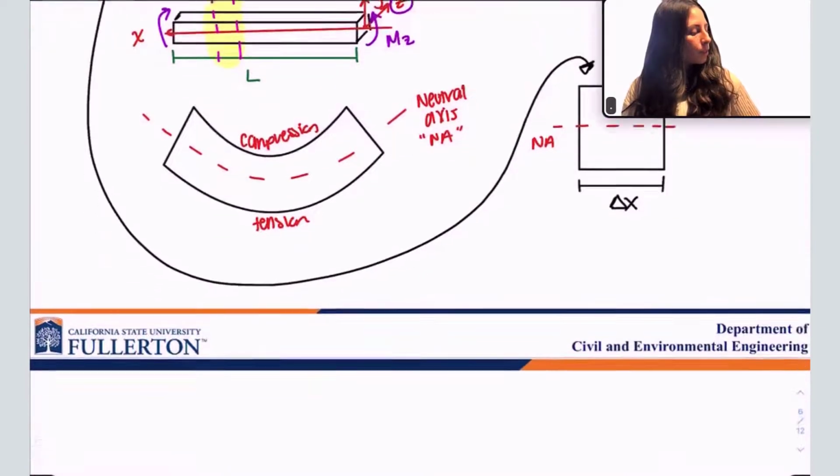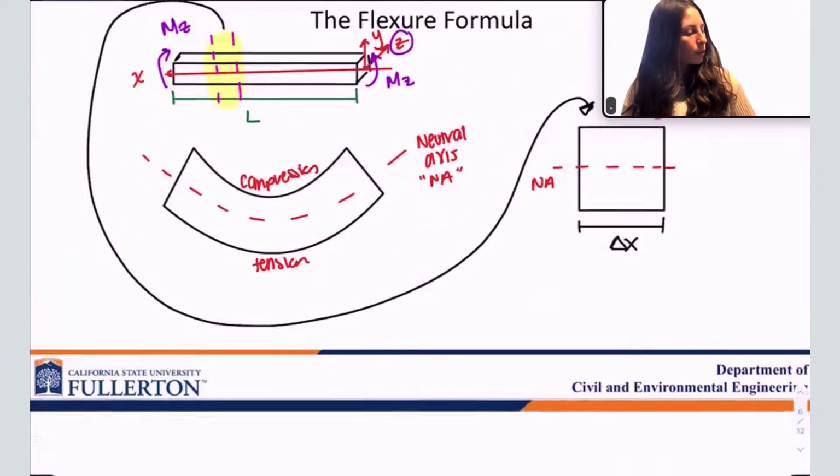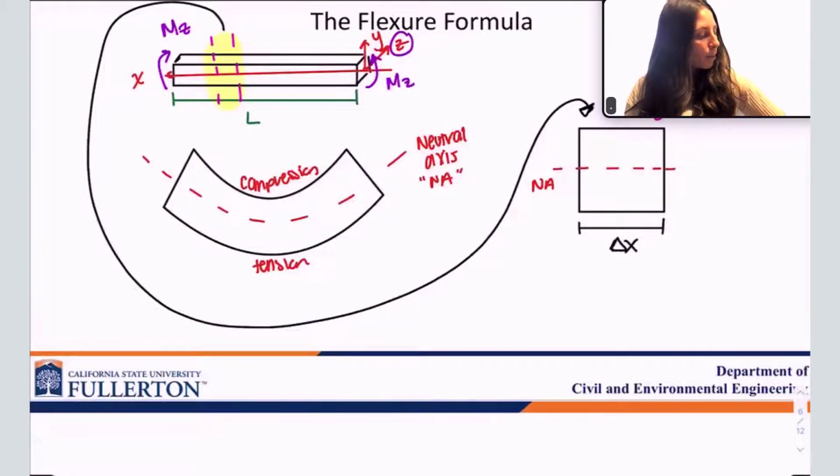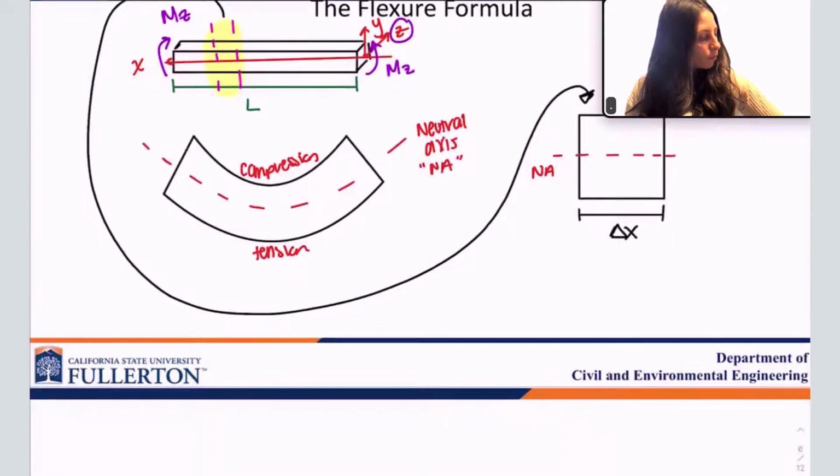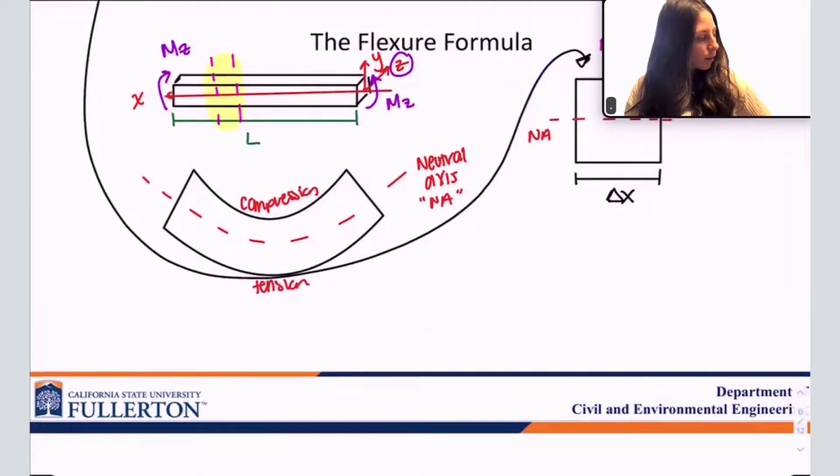Seems like I don't have enough room. Let me make this a little smaller. What happens after loading? I'm going to draw the difference between the element before and after loading, with an exaggerated curve again.